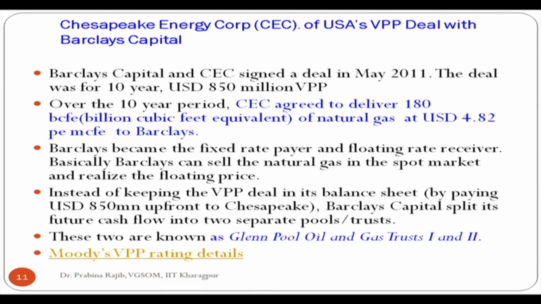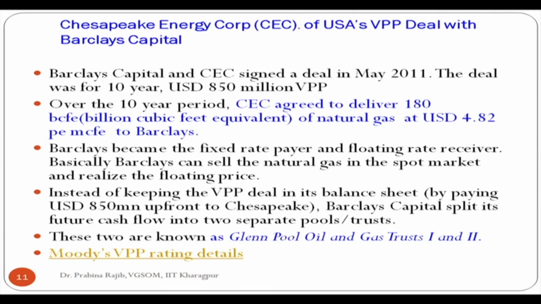Barclays is going to pay a fixed amount of $4.82 per unit of gas, and CEC will deliver 180 billion cubic feet equivalent of natural gas to Barclays.